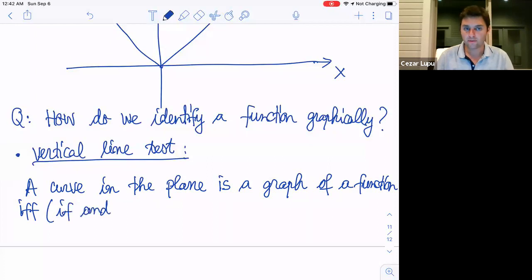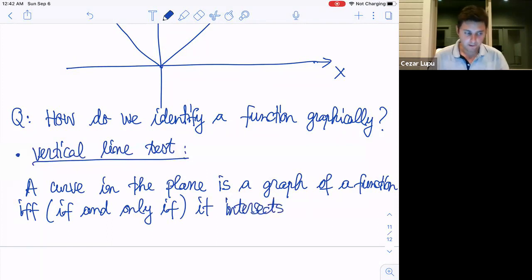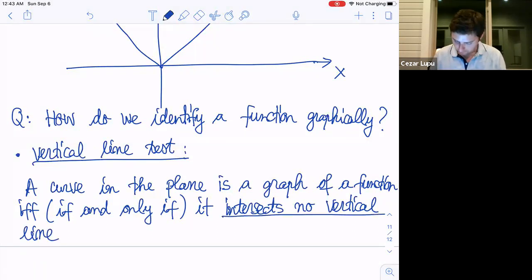Well, I'll put two f's. So from now on in lectures, this will be if and only if. It intersects no vertical line more than once.